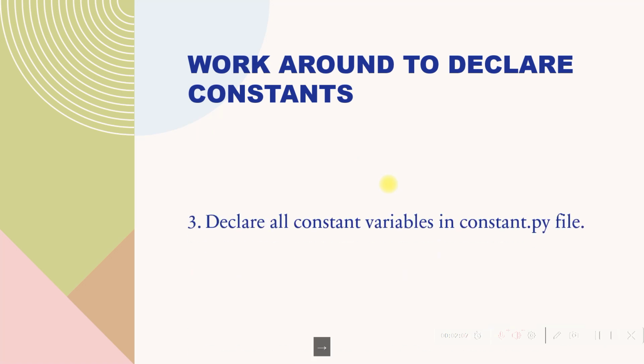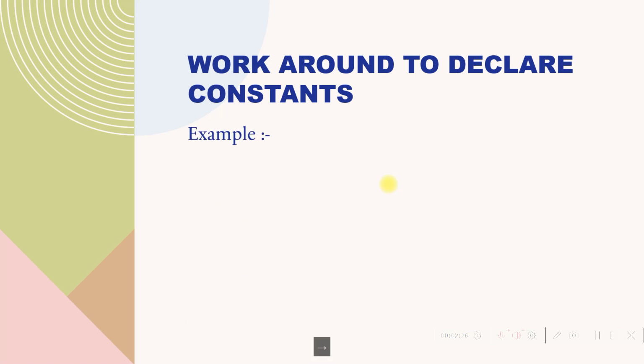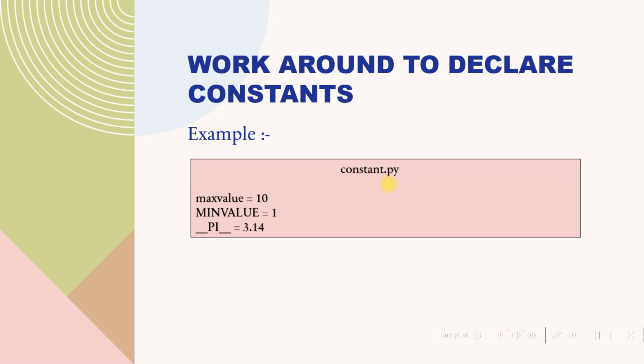Now the third and the most effective way is to declare all the constant variables in a separate file, that is constant.py file, or you can give any name to your file, but with constant.py, again, this naming convention will help us understand that this file is for constants only. For example, in the constant.py file, I have declared three variables.